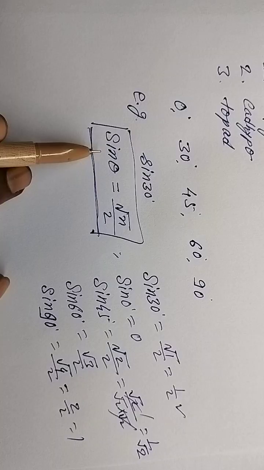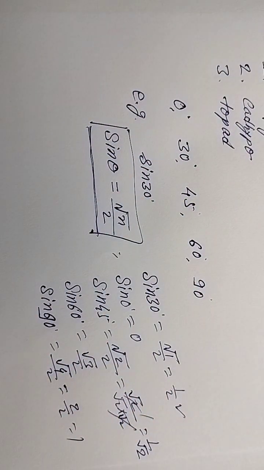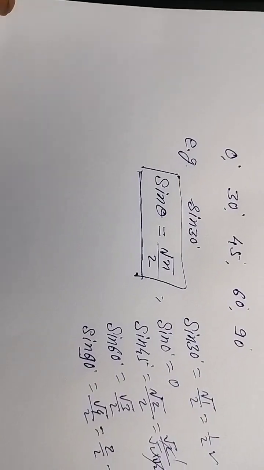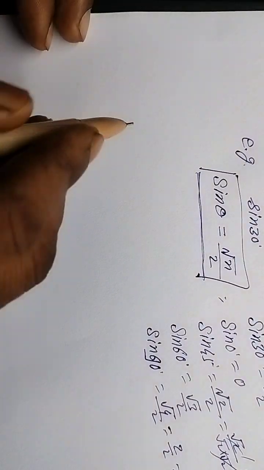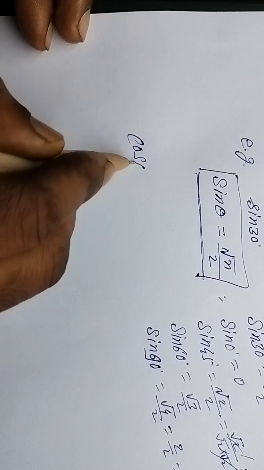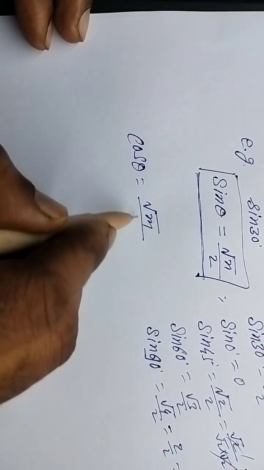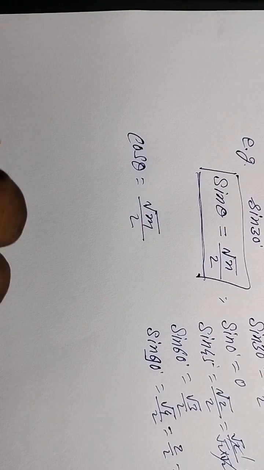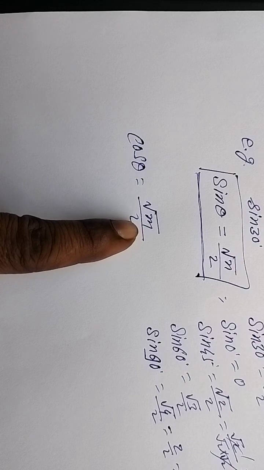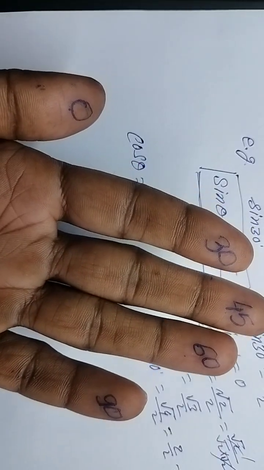This is the formula for sin theta in our left hand. Now for cos theta, I have made a formula: cos theta is equal to under root m by 2. In this case, the value of m will be the right side fingers after bending.